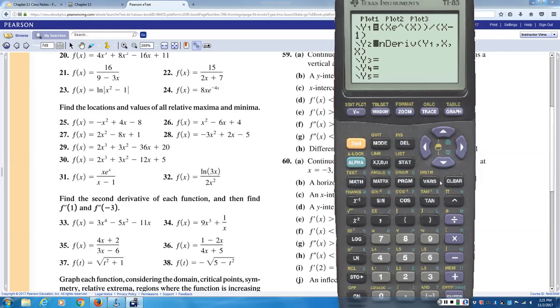So let's go back and look at a graph of the function, not the derivative, but of the function. And I may have chosen too big a window. We'll have to see. I did. I chose too big a window.